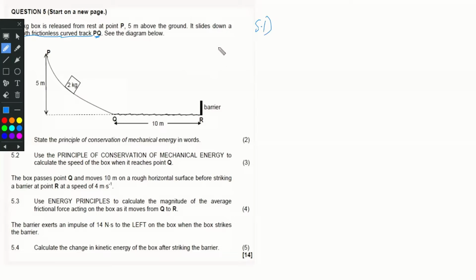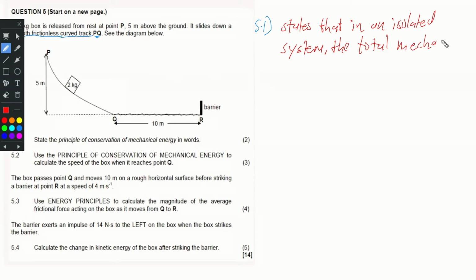Right. Now, what is mechanical energy? The principle of conservation of mechanical energy states that in an isolated system, the total mechanical energy is conserved or remains constant, right?